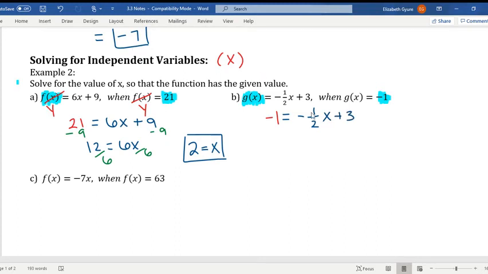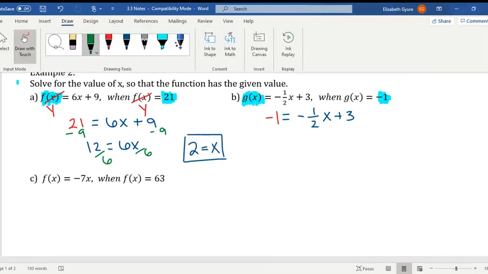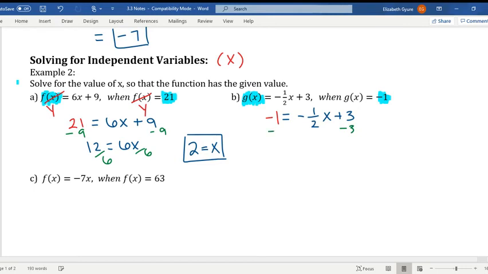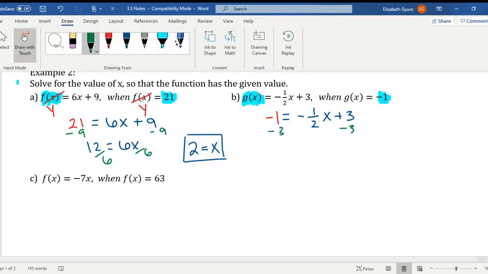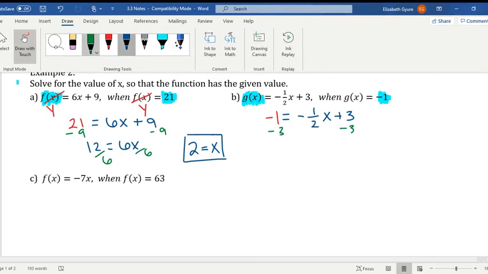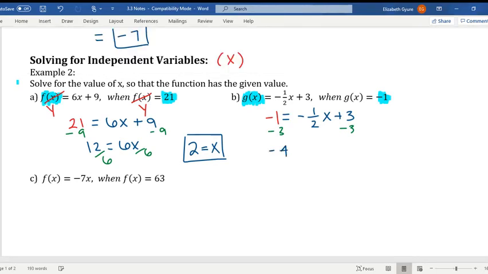And now we're going to use opposite operations to solve for x. So I'm going to subtract 3 from both sides. -1 minus 3 is -4. That equals -1/2 x.